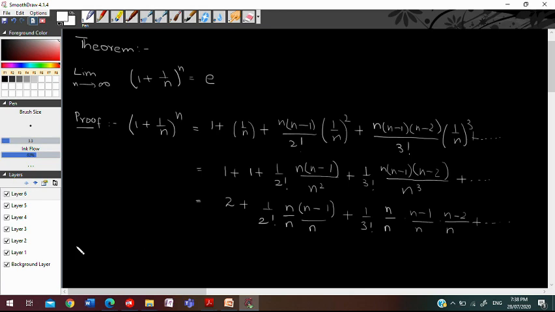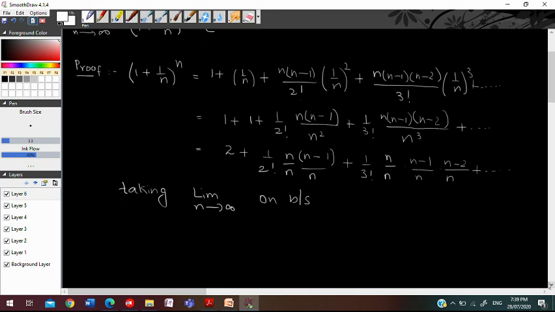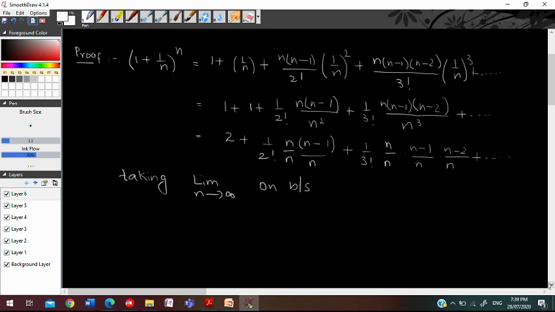Now taking the limit in which n approaches to infinity on both sides. Okay, now we have taken the limit on both sides, so I will write it.